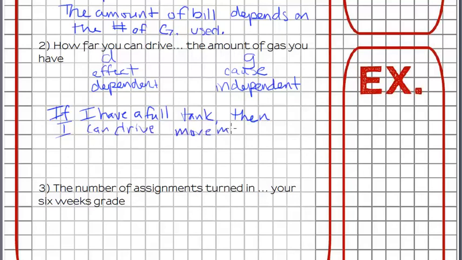More miles. And so this is a sentence in which we used an if-then format. And in this case, the full tank is the amount of gas you have, and that's your independent variable, and it came first. So when we use this if-then, the independent comes first, and the dependent comes second. It's the effect, it's the then part of this if-then.